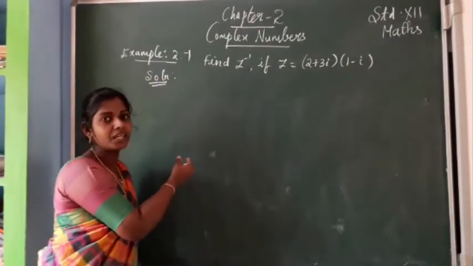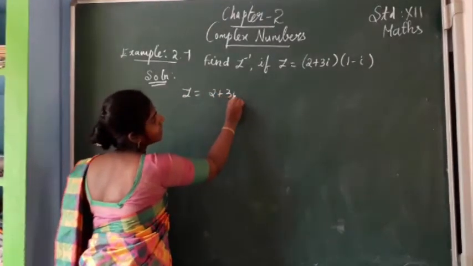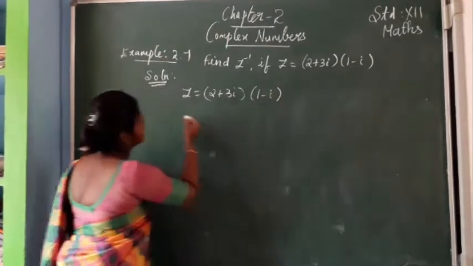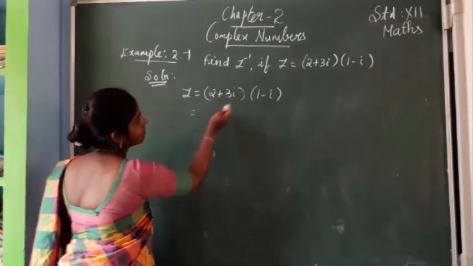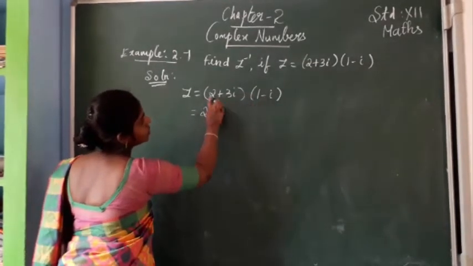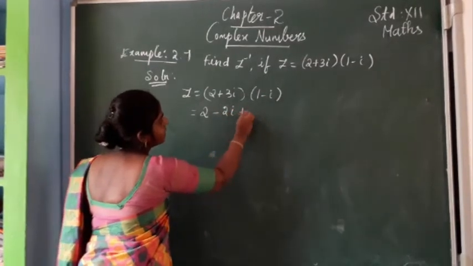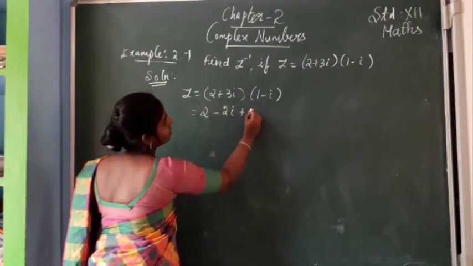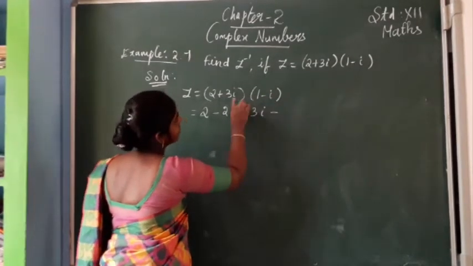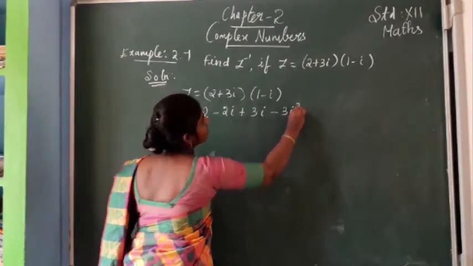First you write the given data. Z is equal to (2 plus 3i) into (1 minus i). Multiply the terms: 2 into 1 is 2, 2 into minus i is minus 2i, 3i into 1 is 3i, and 3i into minus i is minus 3i square.